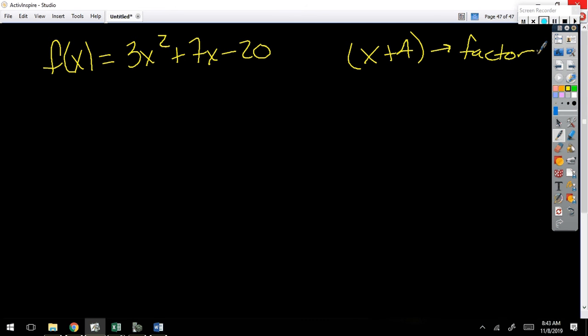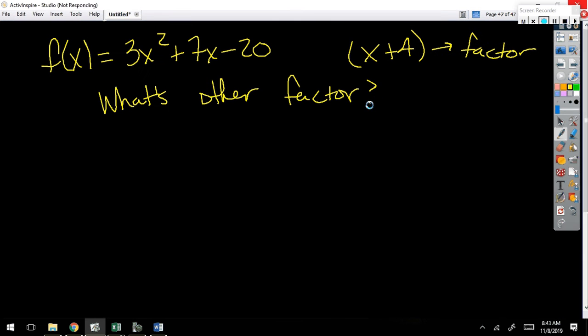What's the other factor? How do you find it? We just said it: divide. You have one factor and you need the other, so divide it.